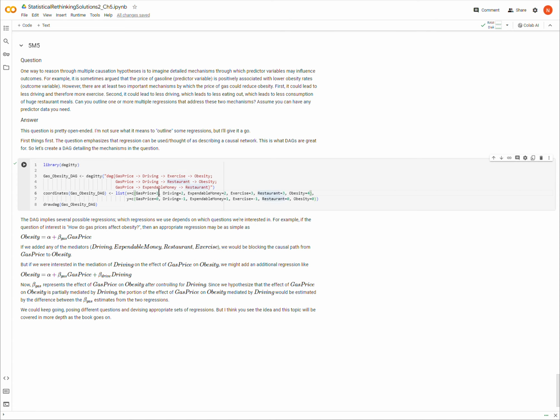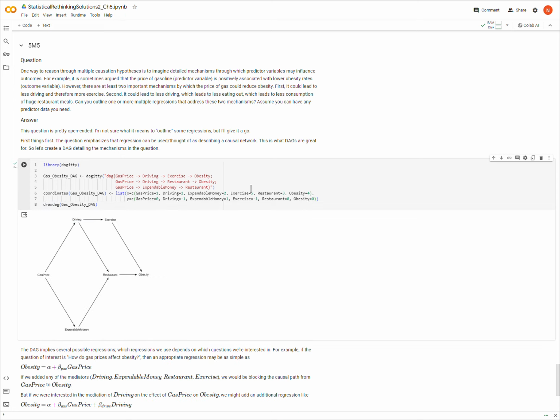This is just where I want the different variables to show up on the DAG, and then I'll draw the DAG. I think all of this right here is part of the dagitty package, but drawdag is part of the rethinking package. So I think that you need rethinking for that. So anyway, we run that, and so here is the DAG that I've created.